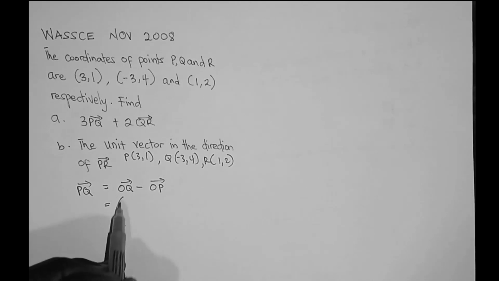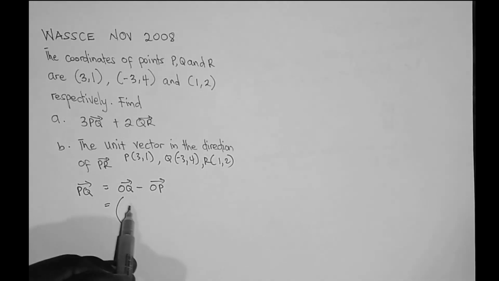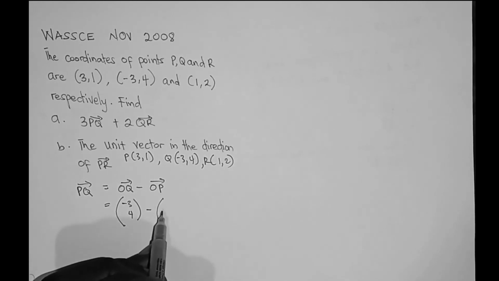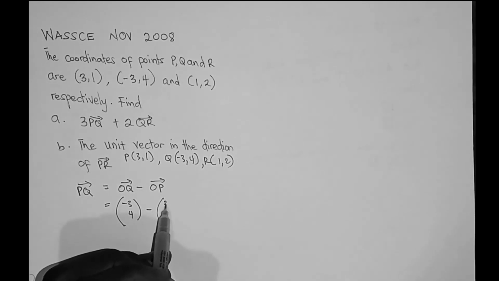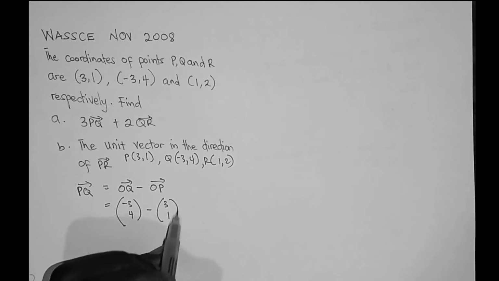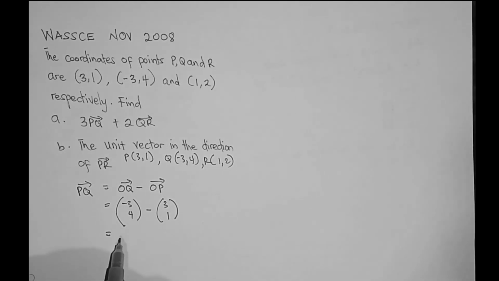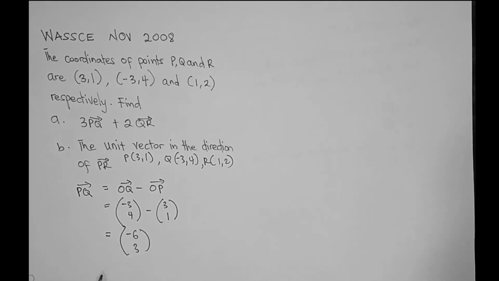So OQ is minus 3, 4. Then minus OP is 3, 1. So this is equal to minus 3 minus 3 is minus 6. And then 4 minus 1 is 3. So the vector PQ equals minus 6, 3.